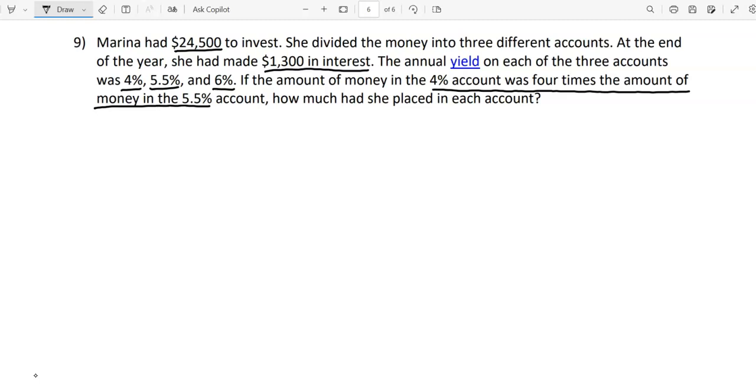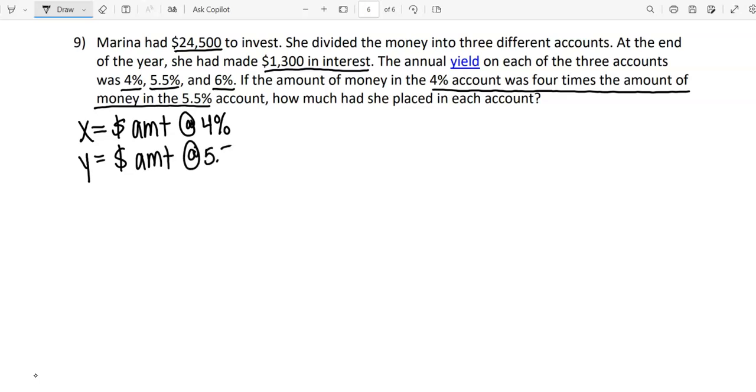So in each account, the first account will make X equals dollar amount, let's say at 4%. That's the first account. Y would be the dollar amount at what percent? 5.5%. And then the last variable, Z, is going to be the dollar amount at 6%.